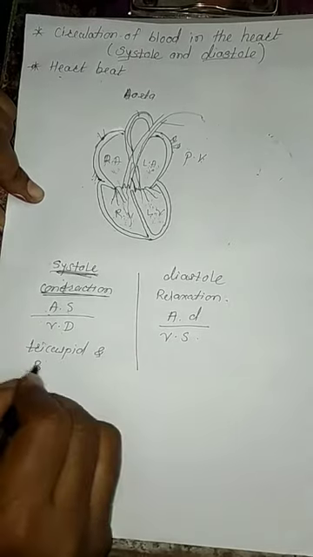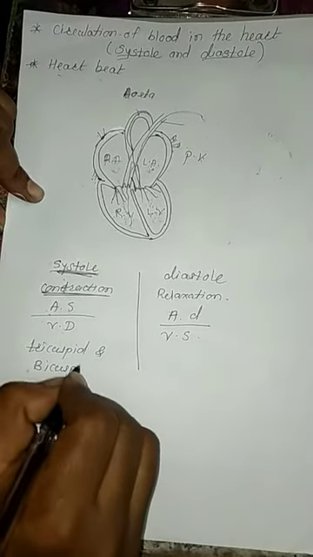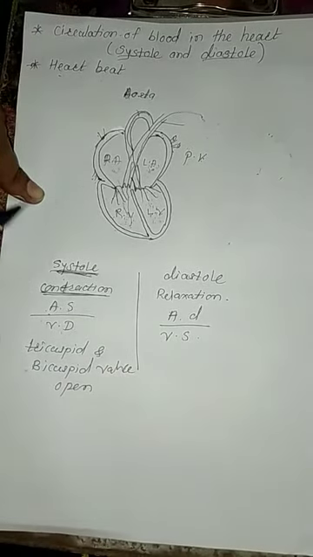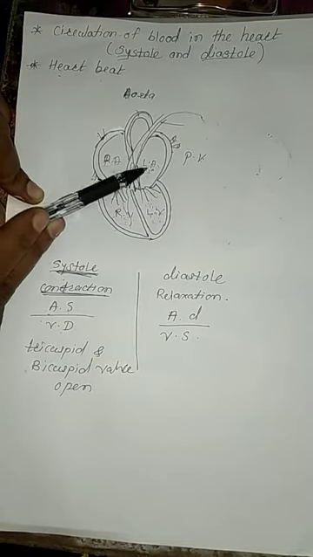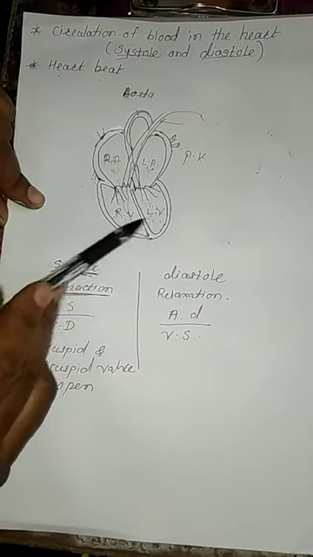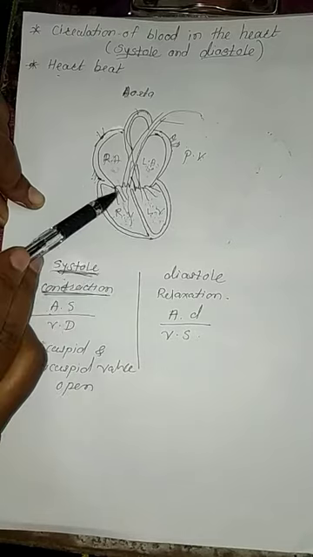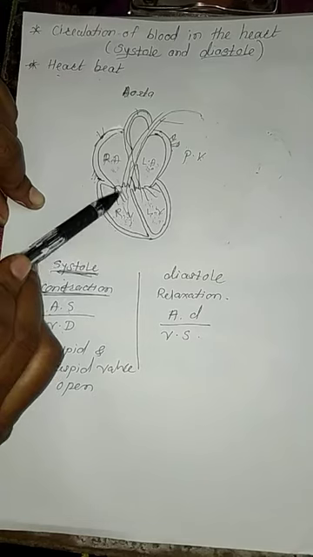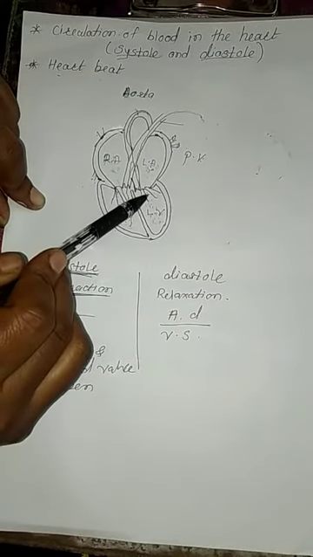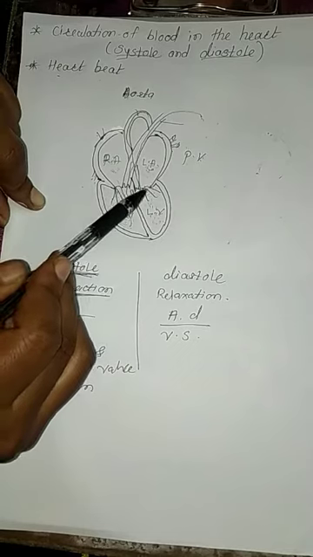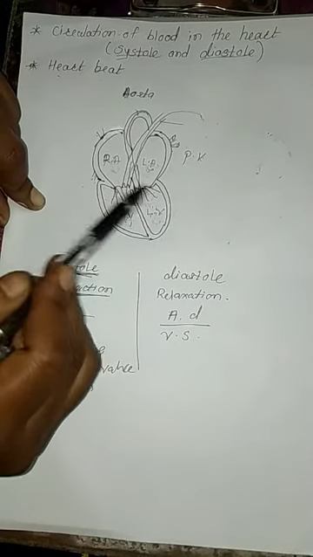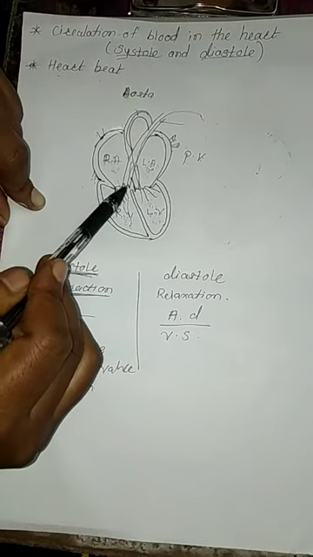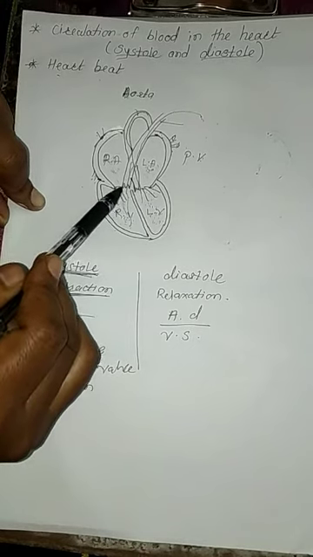When the auricle is in the systolic phase and the ventricle is in the diastolic phase, the blood is transferred from the auricle to the ventricle through the tricuspid and bicuspid valves. So the tricuspid and bicuspid valves are open, and simultaneously the pulmonary semilunar valve and the aortic semilunar valve are closed.